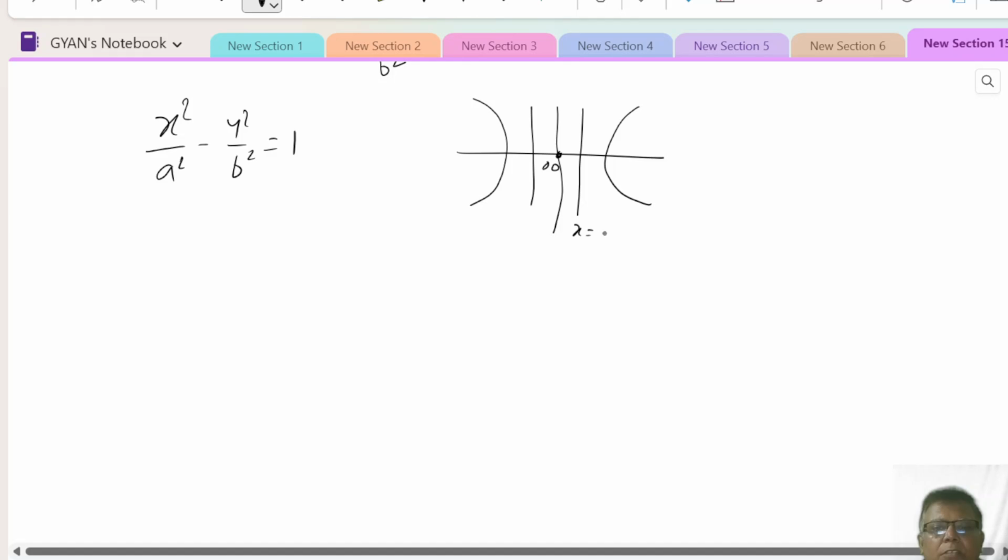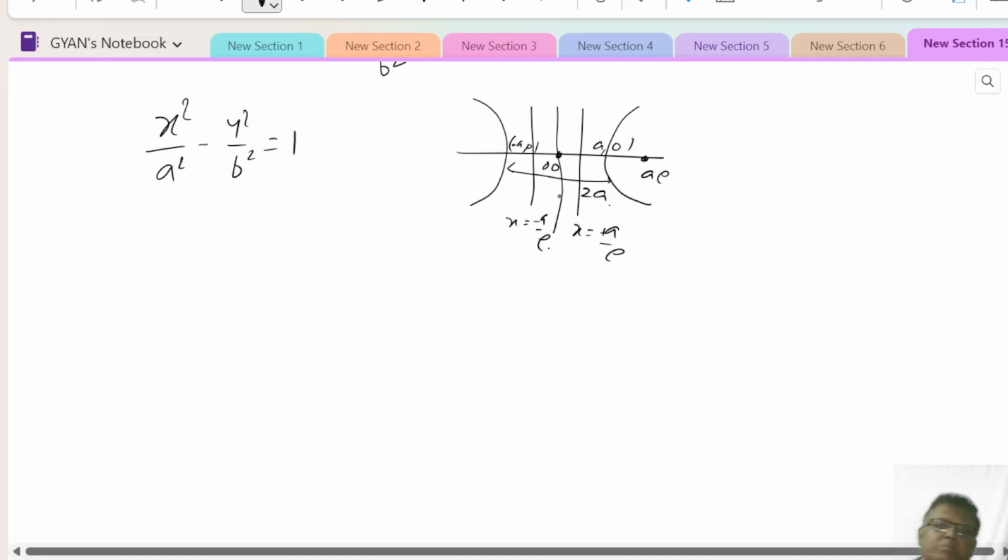This is x is equal to plus minus a by e. One focus is a e. This one a 0. Similarly here minus a 0. This is x is equal to minus a by e. So this distance will be 2a.